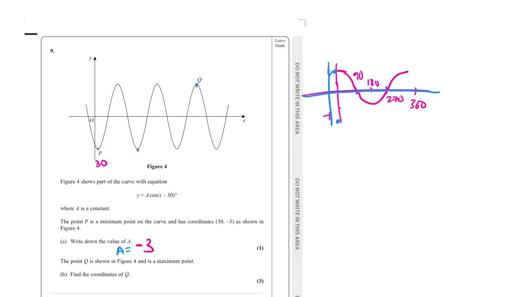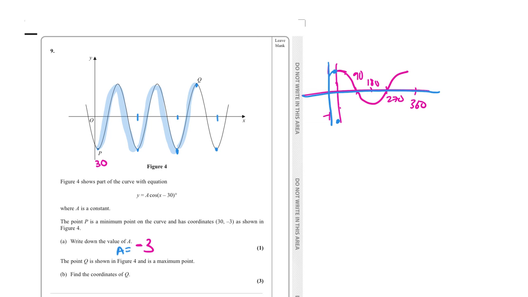Okay, so from here to here is 360, right? Yeah. But this is from here to here. Right, so look at this. So this is 360, right? 360, 180.